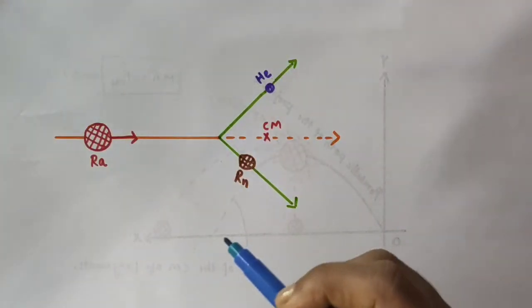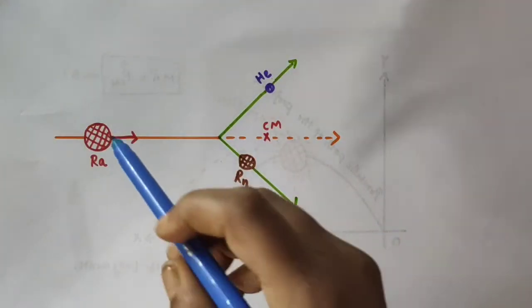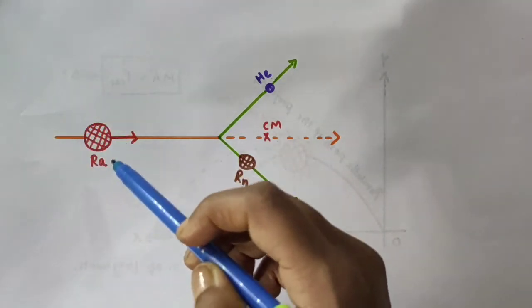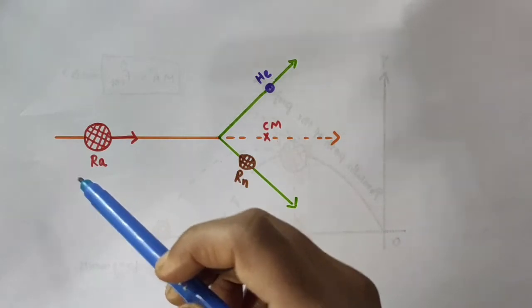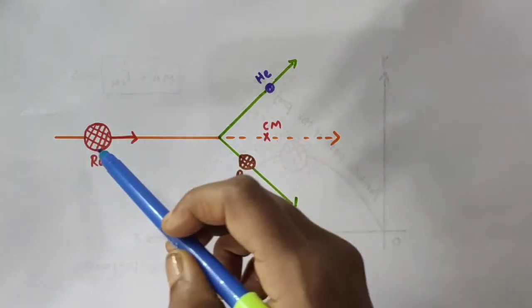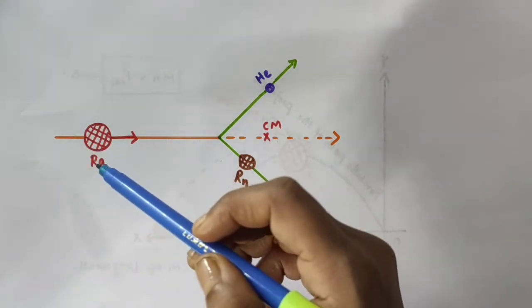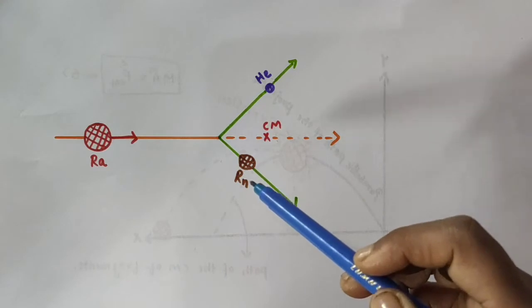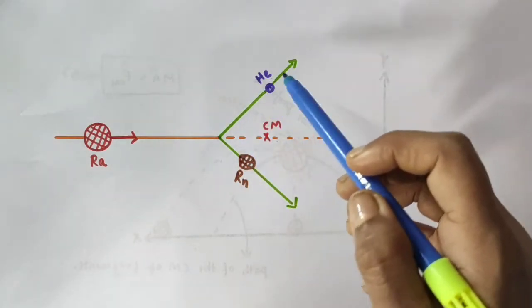Now, let us consider the radioactive decay of a moving unstable particle like the nucleus of radium. See here we have a radium nucleus moving in this direction. It is an unstable nucleus, so it disintegrates into a nucleus of radon and an alpha particle, that is a helium nucleus.